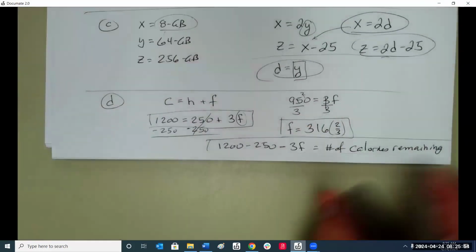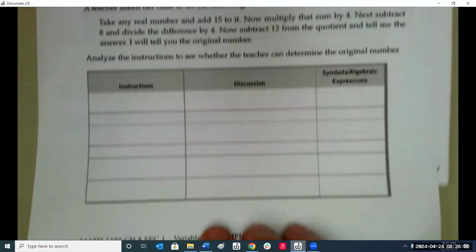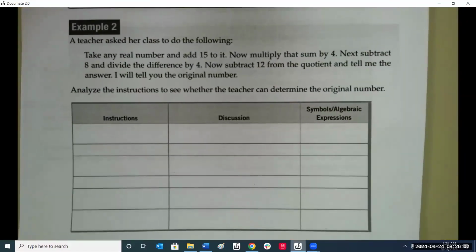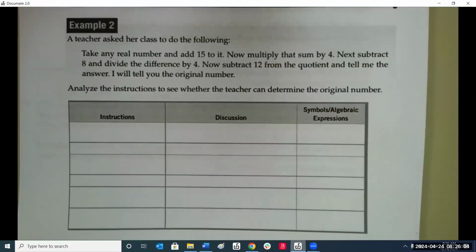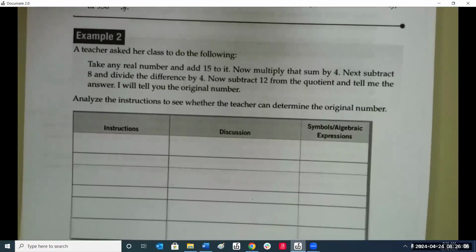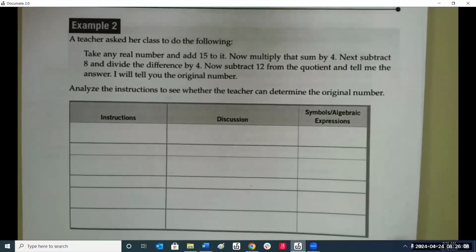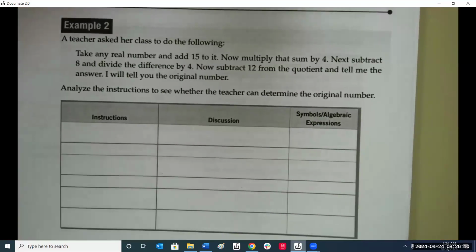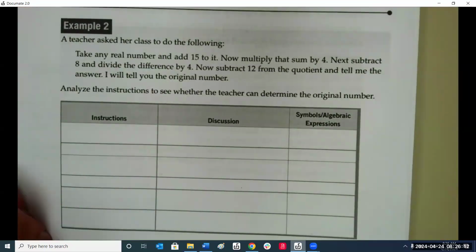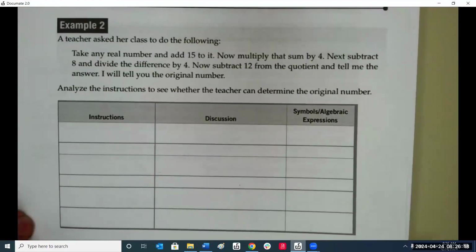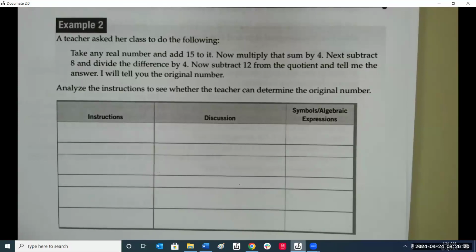All right, question number 2. This one here. A teacher asked her class to do the following. Take any real number and add 15 to it. So what are my instructions step by step? What's the first instruction?